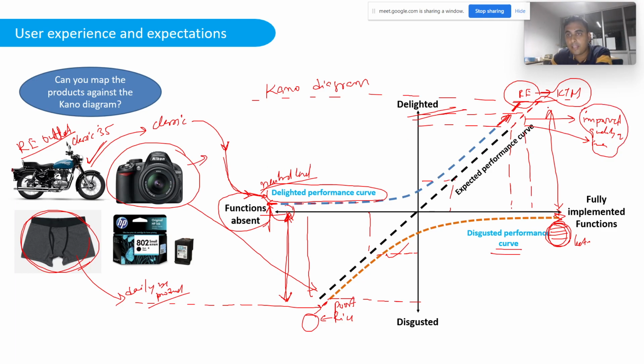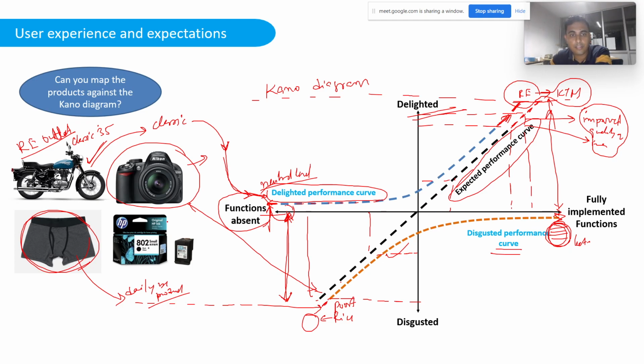So the need always increases as you provide more functionalities, and customer satisfaction also increases. These kinds of products follow a very straight, sloping line. So this is called the expected performance curve.